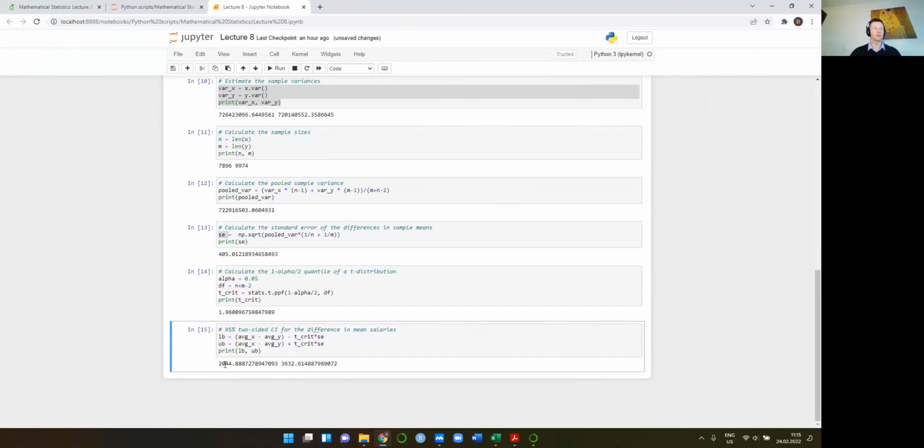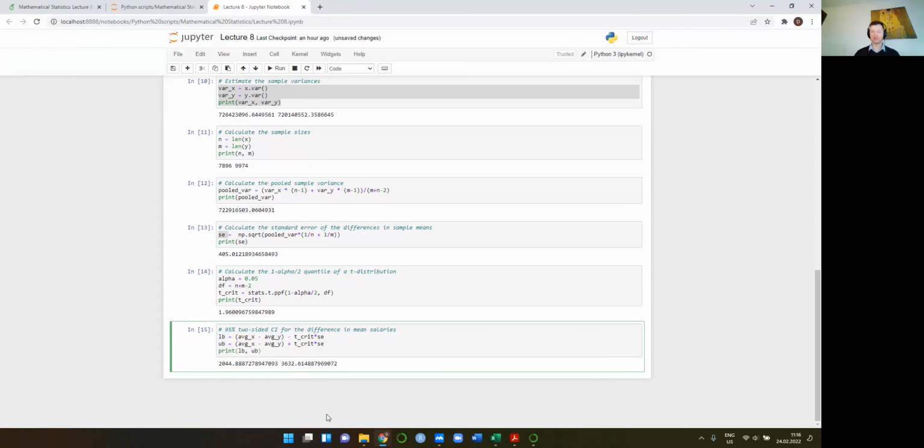So here is the lower bound and the upper bound for the difference in mean salaries between males and females. What can we conclude from this confidence interval? Who can say? Are males and females equal in terms of their average salary? Yes.